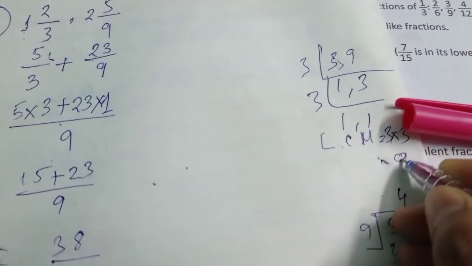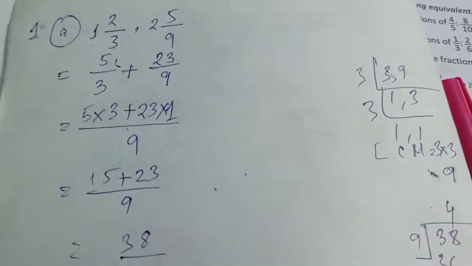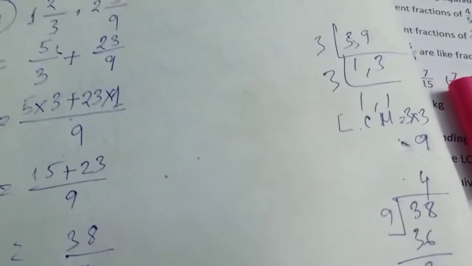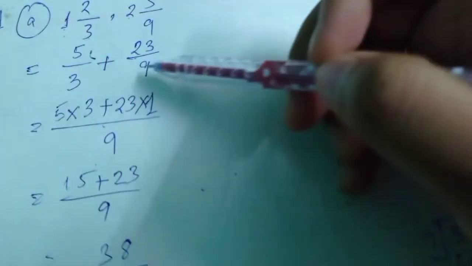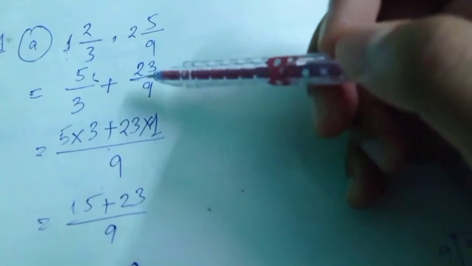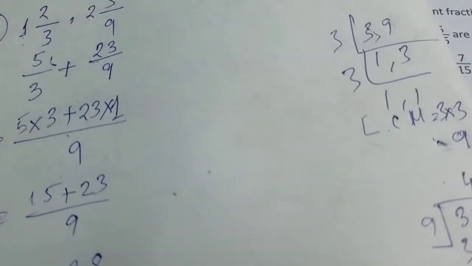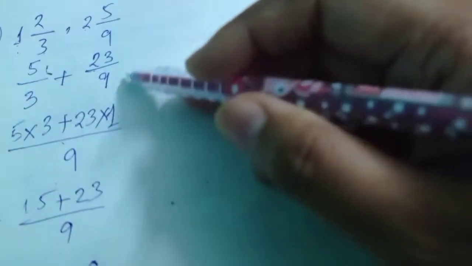But this 9, as you can see, you can directly put, because 9 is a multiple of 3. Whenever the denominator is a multiple of a number, like 3 into 3 is 9, that means 9 is a multiple of 3, so you can write the bigger denominator directly.